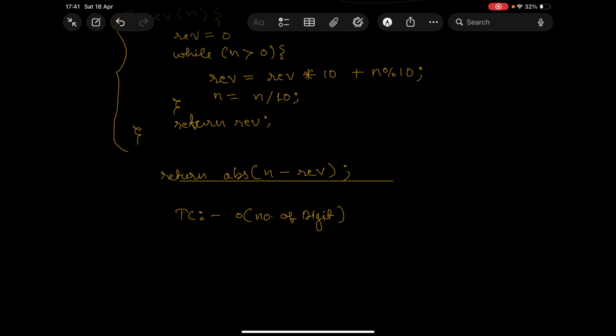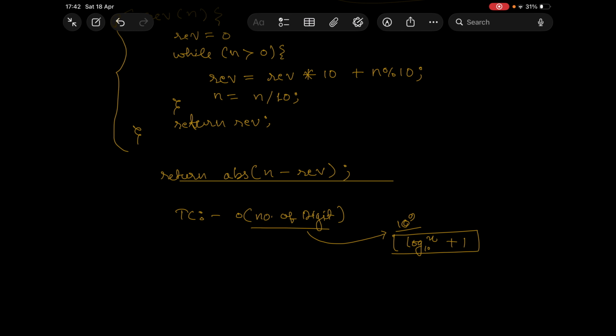But if you see what is the max value that we have as of now, that is 10 to the power 9, right? So if we want to know the number of digits, we can simply do log of number x base 10 plus 1. So this tells me total number of digits.